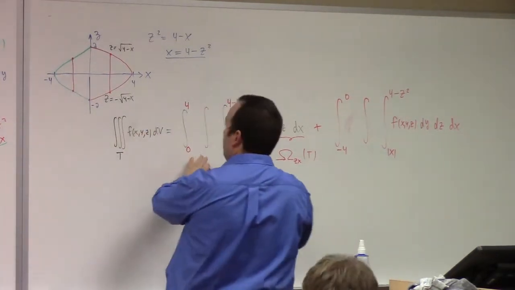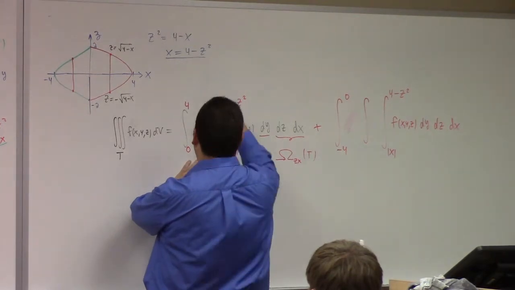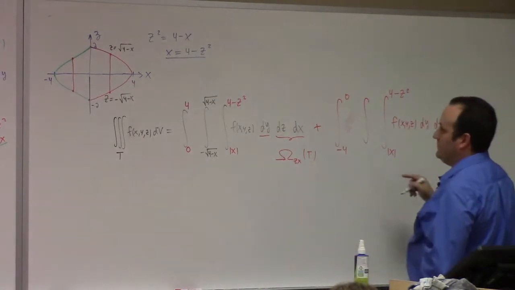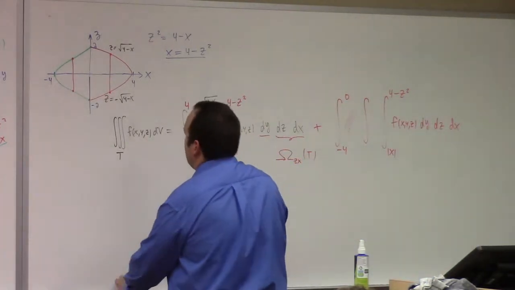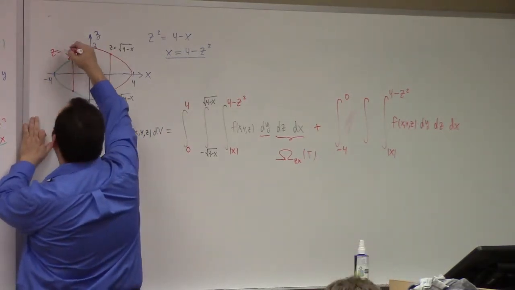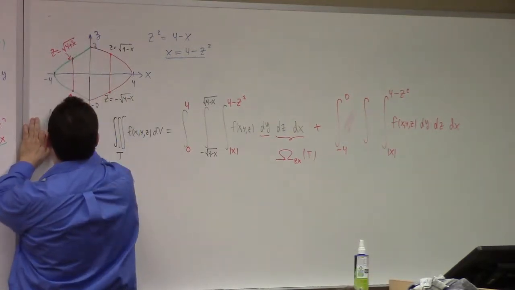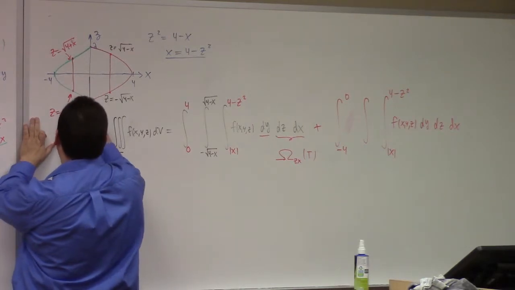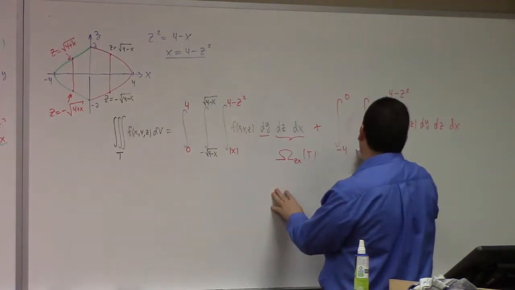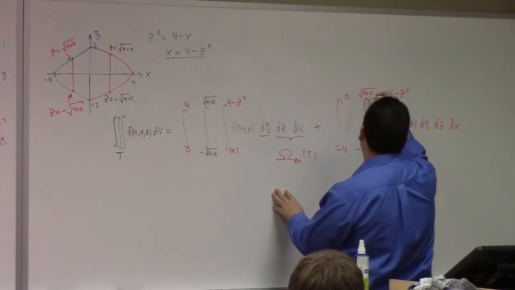So for that reason, I put minus the square root of 4 minus x here, and plus the square root of 4 minus x there. On the flip side, on the other side, on the top I have z is equal to the square root of 4 plus x. And down here I have z is equal to minus the square root of 4 plus x. And so I have to put minus the square root of 4 plus x here, and plus the square root of 4 plus x over there.